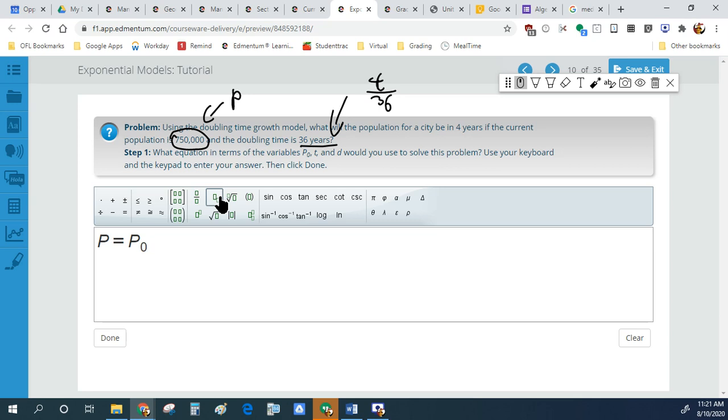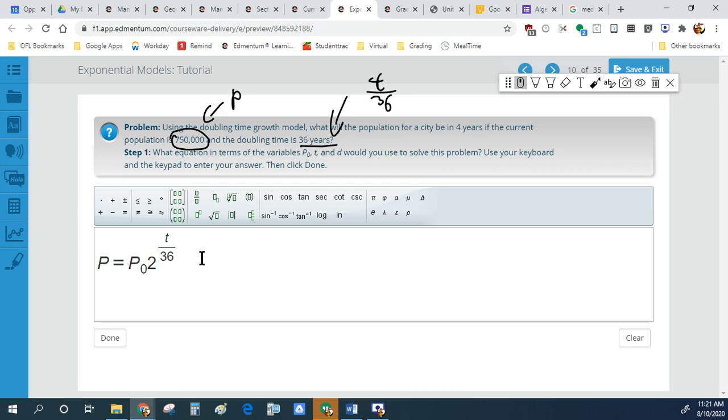And then our doubling rate, so we're going to do 2 exponent. Oops, that is not the exponent one. Exponent. And it's going to be T. More importantly, make sure it's a fraction. T over 36 in this case. So they actually gave us a population starting point.